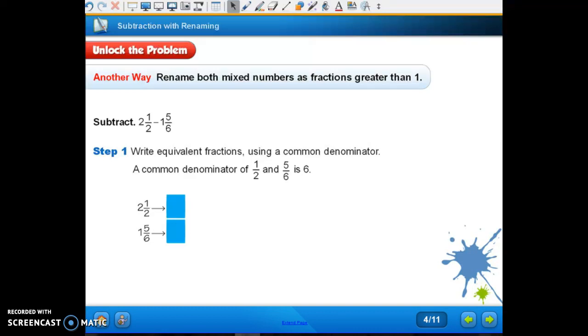Let's look at the explain on the bottom of 269. What would it be there? It says, why is it important to write equivalent fractions before renaming? So you know if your answer is close to your... Well, why is it important?